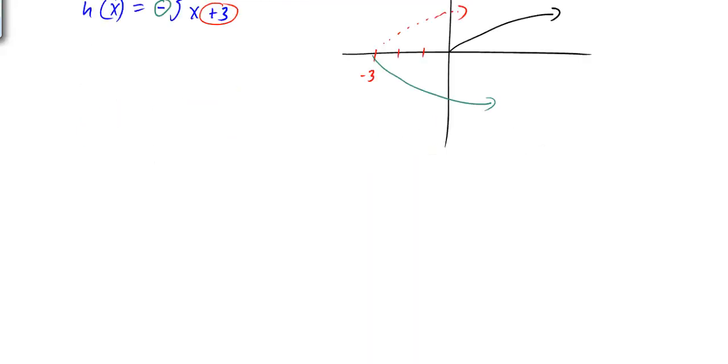All right, the next example is going to really indicate why it's important to understand the different transformations. So if we have h of x is equal to negative x plus 1 cubed plus 4.